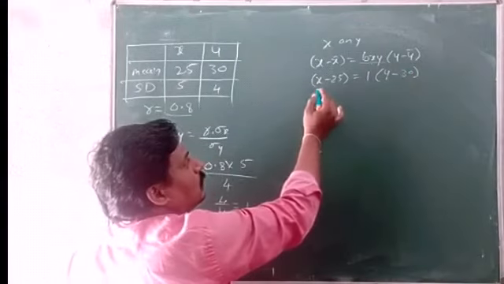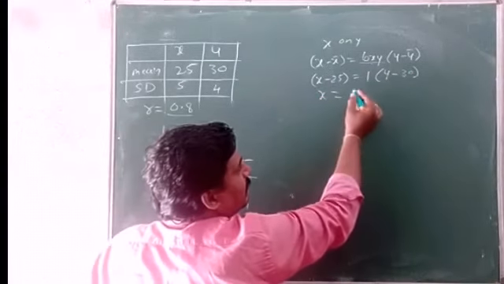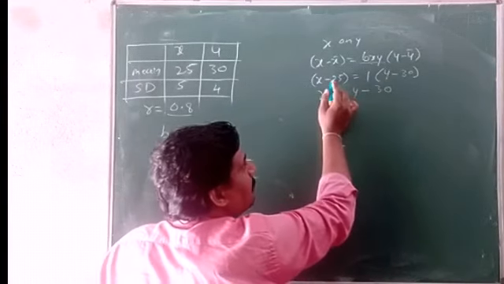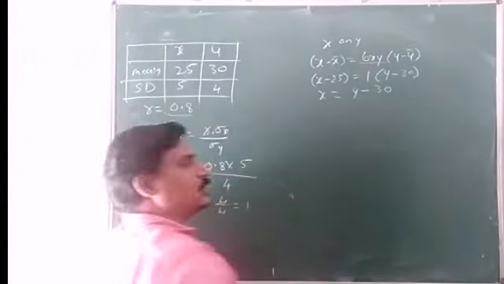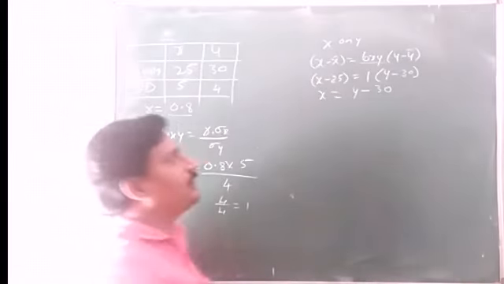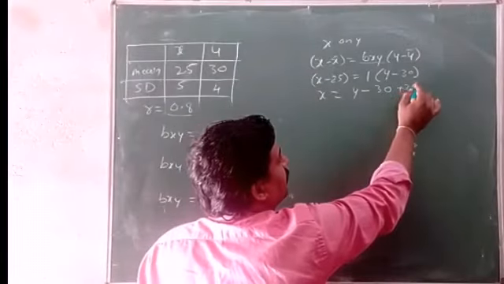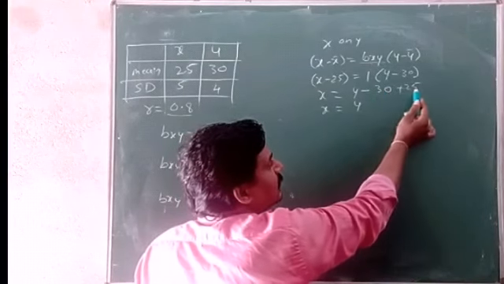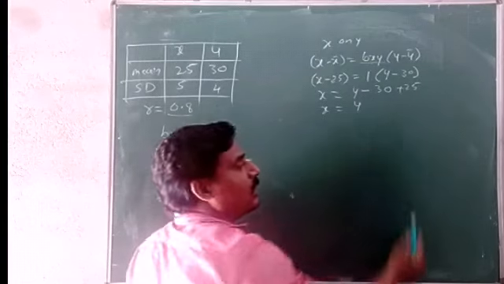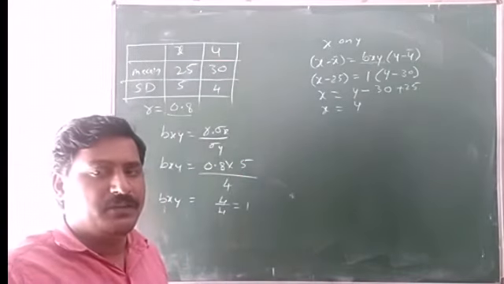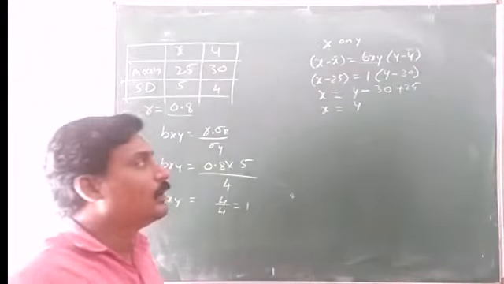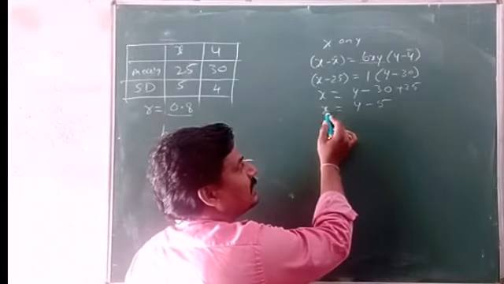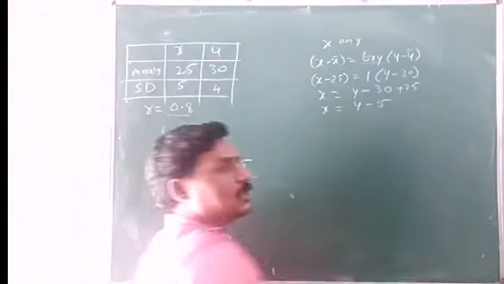So x is equal to y minus 30 plus 25. Deduct them from each other and put the sign of the bigger number, that is minus 5. So x is equal to y minus 5.